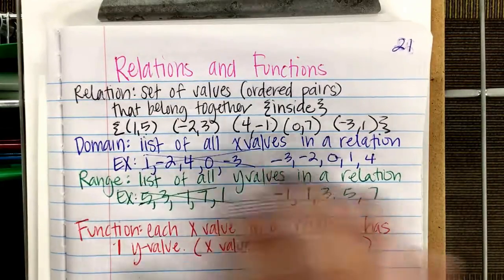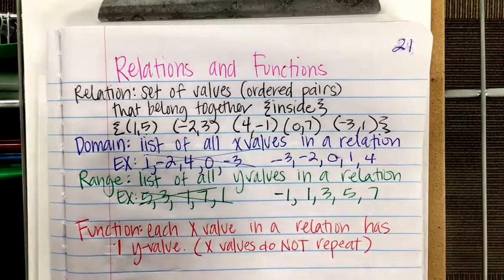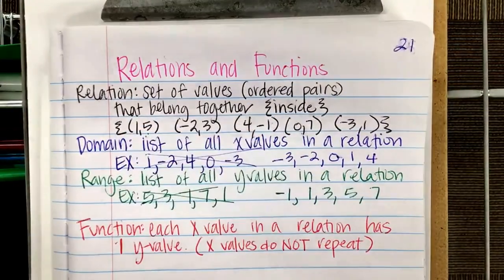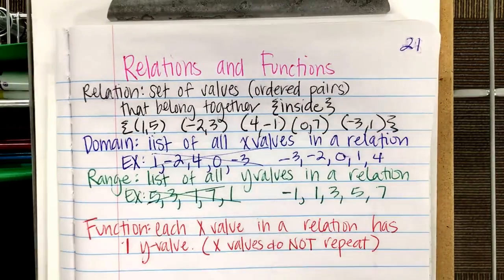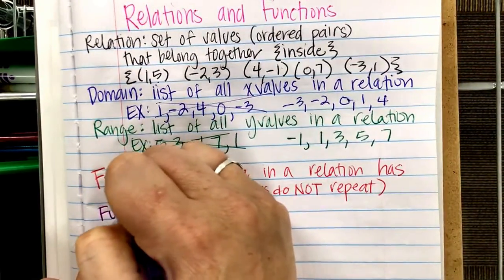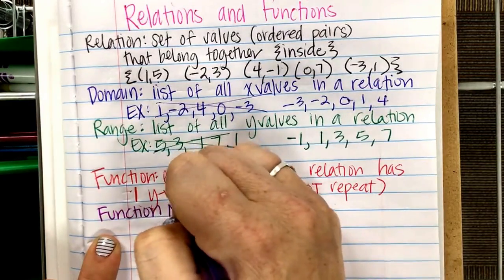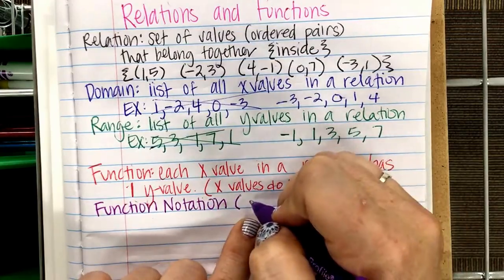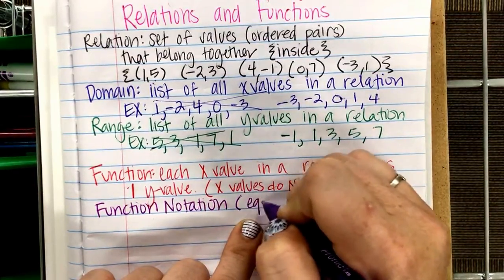Down here for the range, we don't worry about the range values when determining a function. A function only worries about the domain or the x values. You've seen this before on your bell work, is this thing called function notation, which is just a fancy word for an equation.